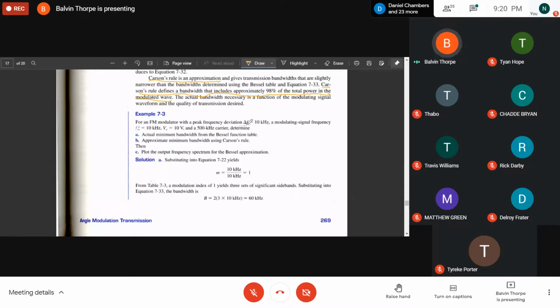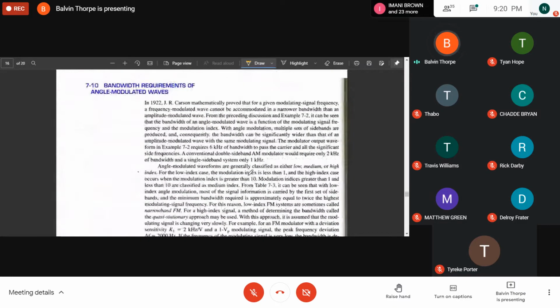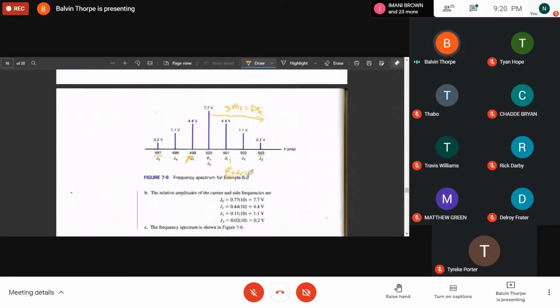We're given delta F to be 10K, we're given FM to be 10K, so therefore the modulation index is 1, similar to what we did before. The modulation index is 1, and we're using the Bessel function table. We have to go back to the table, and it's the same thing we just did, so it's easy for us.